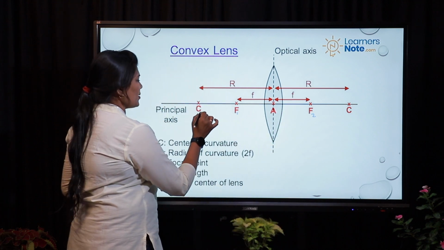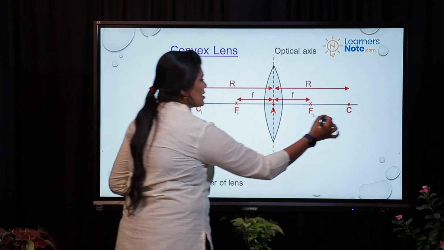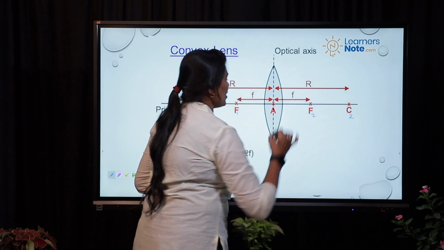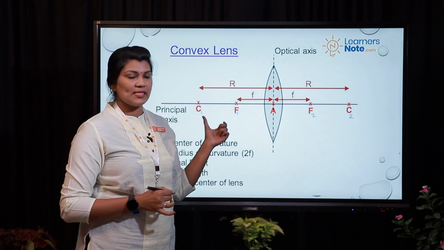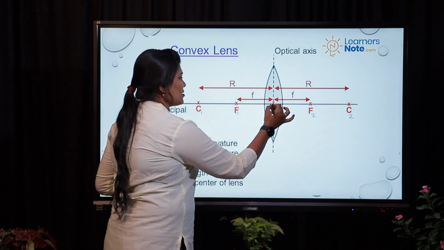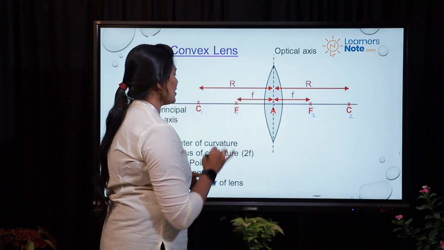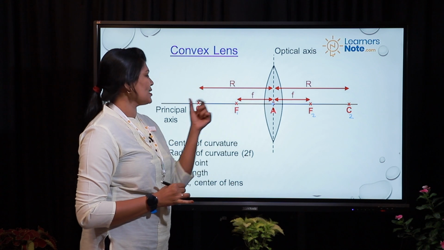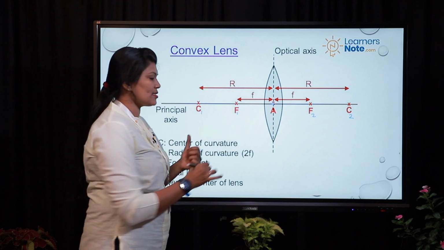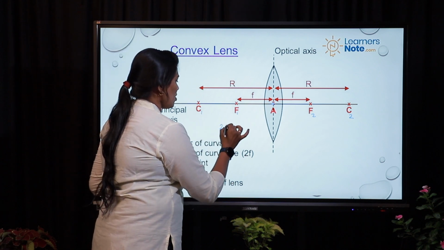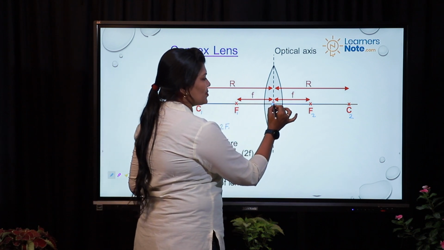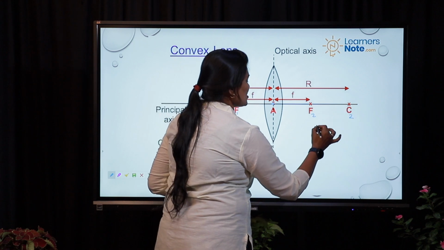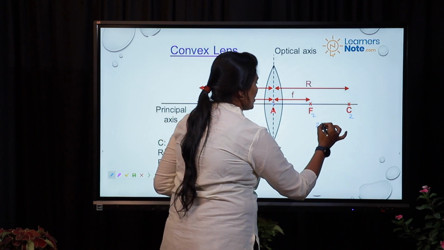Based on that, this can be represented as C1 and this as C2. The distance of C1 from the optical center, this is our optical center, is represented as 2 times F1. Like that, the distance between the optical center and C2 is 2 times F2.